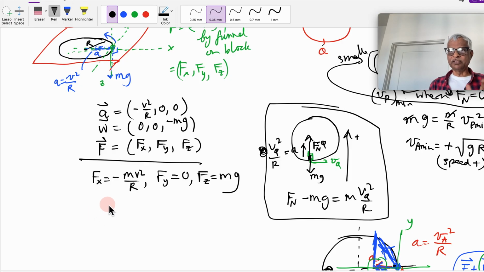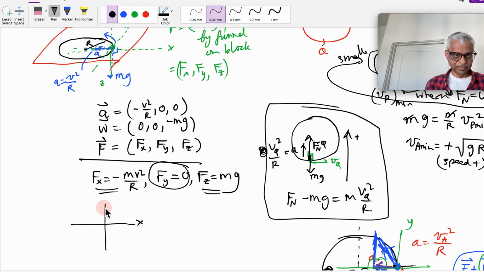So the force from the funnel will be in the xz plane, and it's almost like what we did over there. If I look at this x and this z, over here is minus mv squared over r, and this is mg, so it's exactly what we did over there.